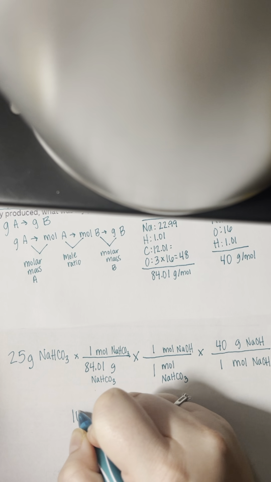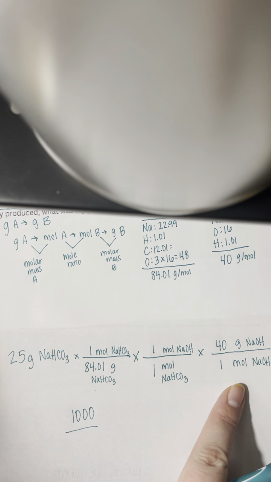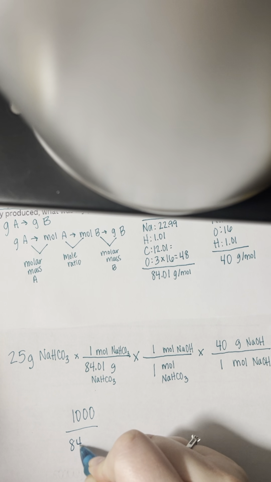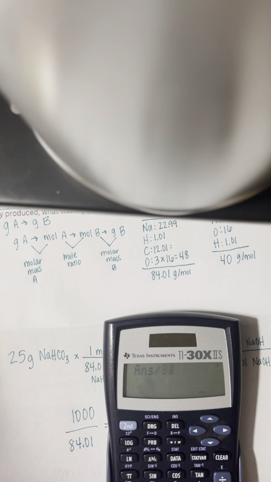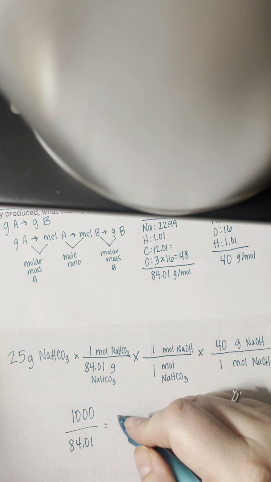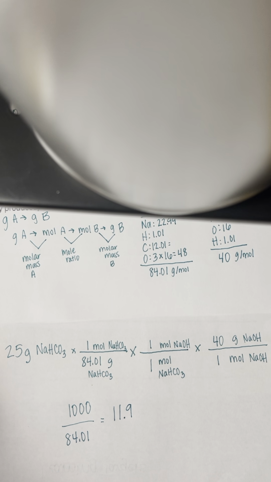So we've got 1,000 on the top, and then we have 84.01 times 1 times 1. So it's just divided by 84.01. We get this nice big number right here, so we're going to just leave it as 11.9 is our number answer, but we're missing a unit and we are missing a chemical.